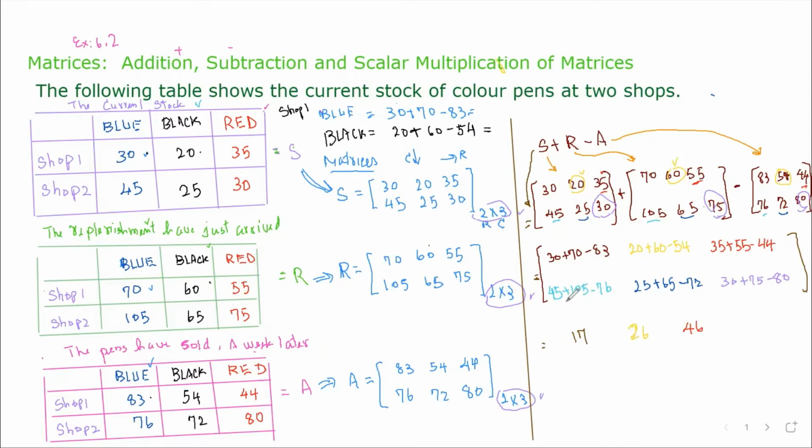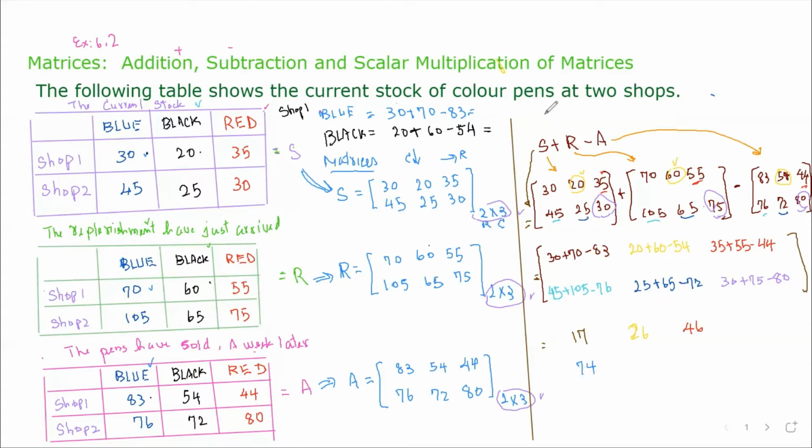You have 45 plus 105 minus 76, so we have 74 here. Okay, so you have 25, 65, become 90, right?